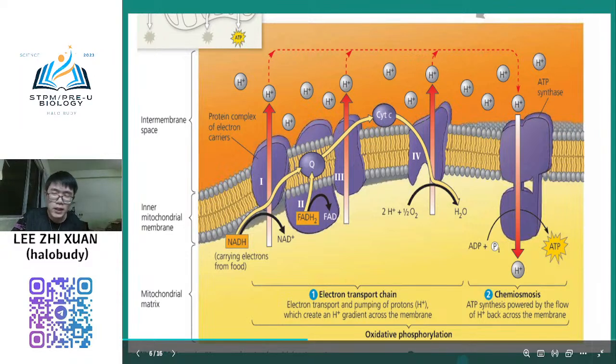You can read it, or later when I have time I will read it again. But for now, you just need to know the enzyme used is ATP synthase.